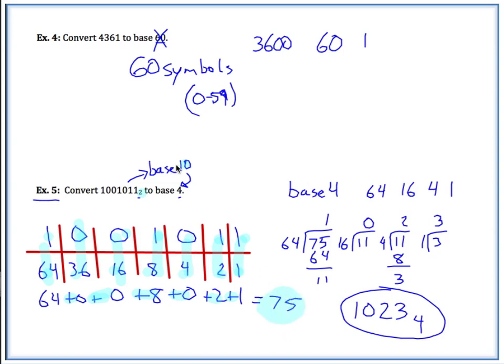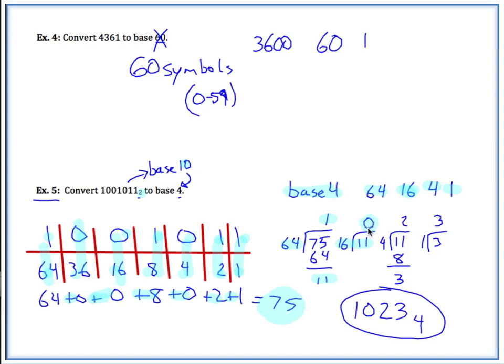Now, if we want to change 75 base 10 into base 4, we need our base 4 place values, which were 1, 4, 16, 64. And we didn't need to go any higher because then we would have gone over the 75. So now we divide by the 64. We got 1 with the remainder 11. That remainder went here. We divided by the next smaller place value, which was 16.